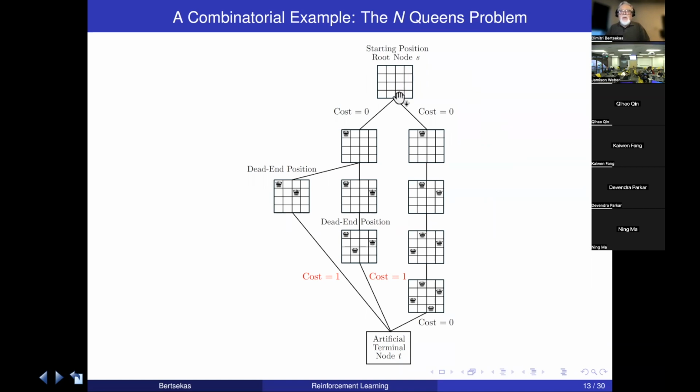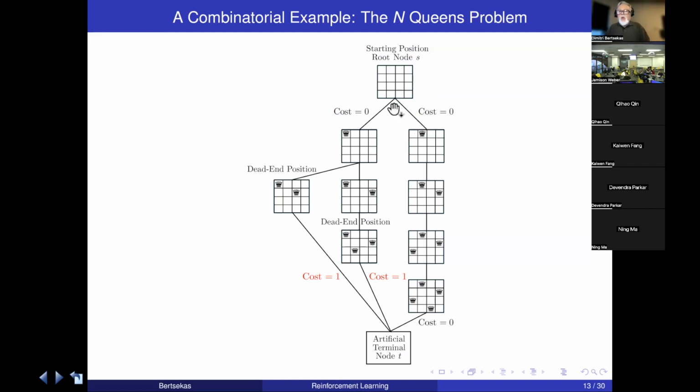And here we have 2 decisions. Place the queen at square 1, or place it at square 2. Now the other 2 decisions, placing the queen in square 3 and 4, give us symmetric solutions. So there's no loss of generality in restricting ourselves to just these 2 possibilities from the starting board.